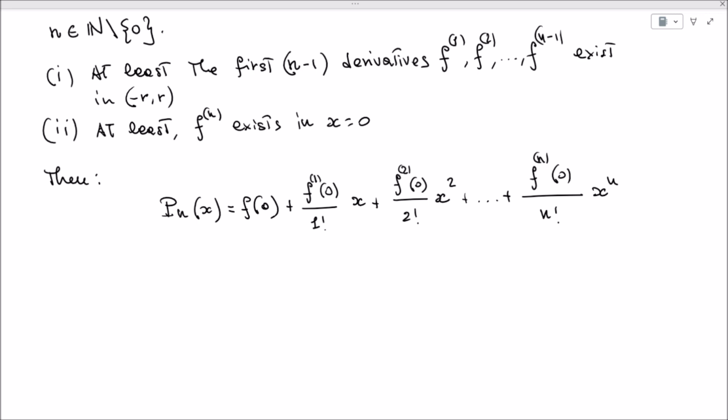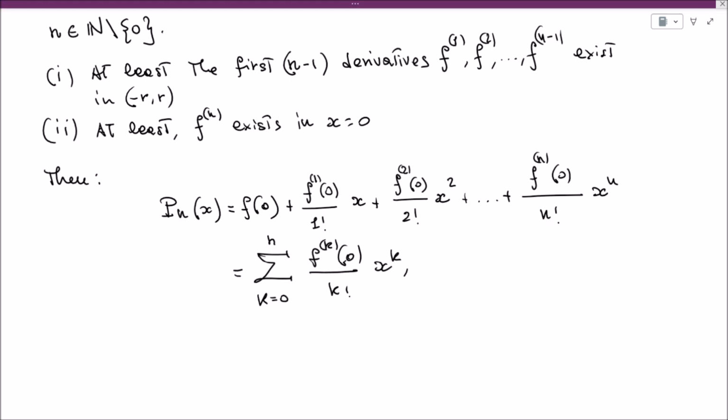Okay? Now, of course, this can be expressed more compactly with the following expression. We can write this as a sum, k goes from 0 to n of f derivative of order k. We will represent the derivative with f with an exponent in parentheses where we put the order of the derivative, evaluated at 0, divided by k factorial, x to the k.